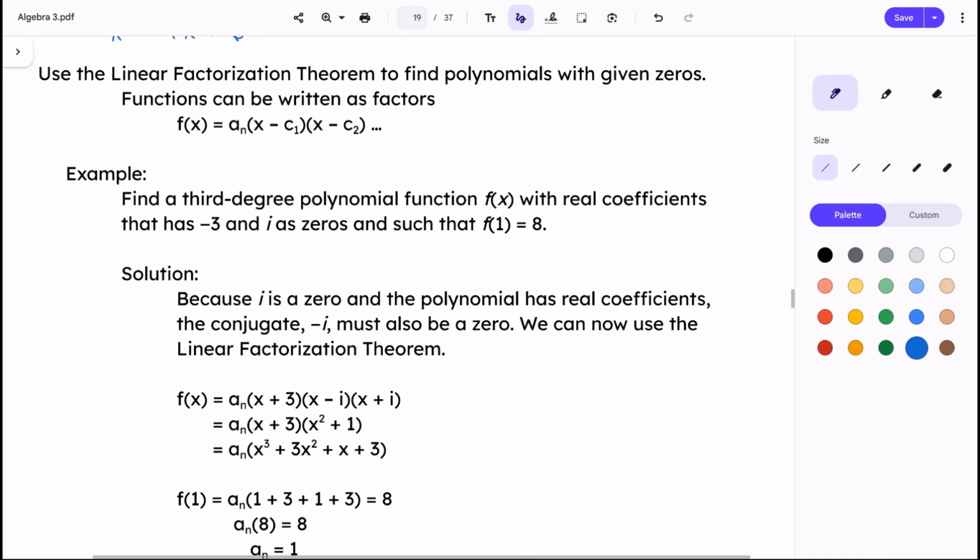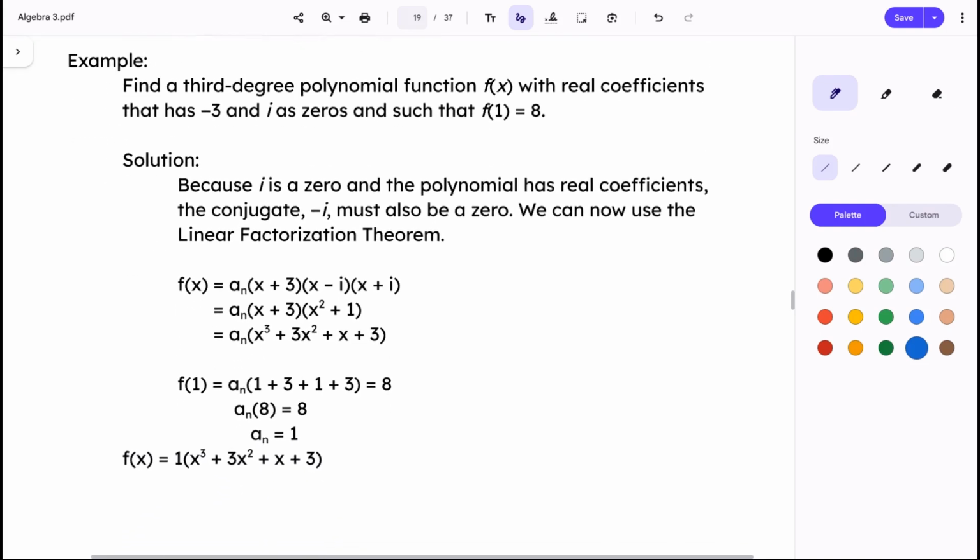Now, the only thing we're going to do here is also maybe have you evaluate the polynomial at a specific input so that we know what it would come out to be in like the y column. But we still might need to write out the equation first. So in this example, it says find a third degree polynomial function with real coefficients that has -3 and i as zeros.